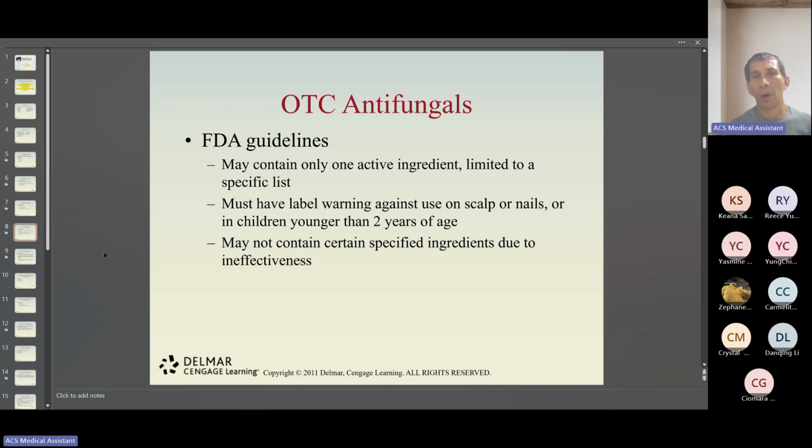OTC, remember, means over-the-counter medications, and we have OTC for almost every type of medication. Antibiotics are very seldom found as OTC because they carry a lot of risk of developing resistance to the medication, and because of their side effects or abuse, because everybody who has whatever type of infection might think that it is bacterial and use antibiotics.